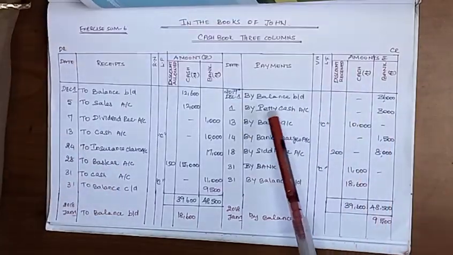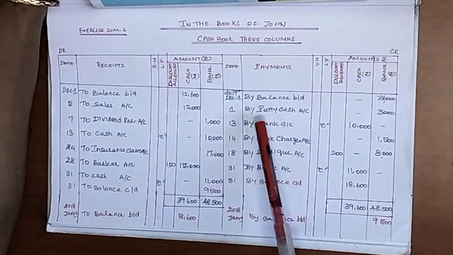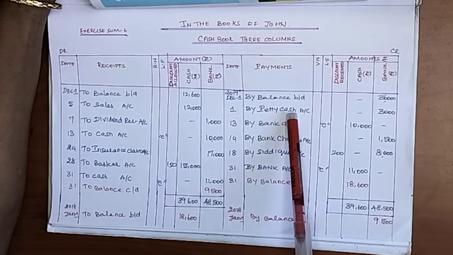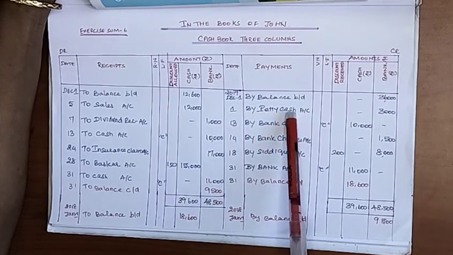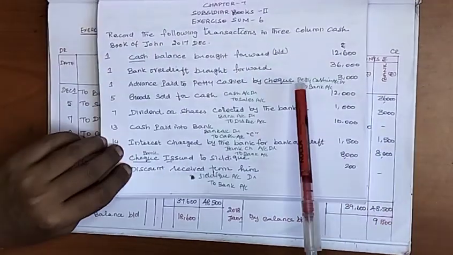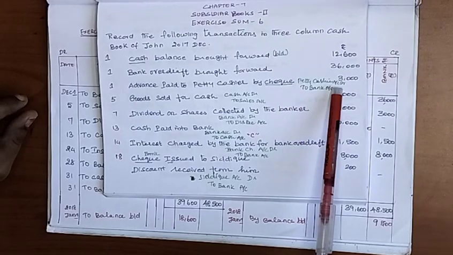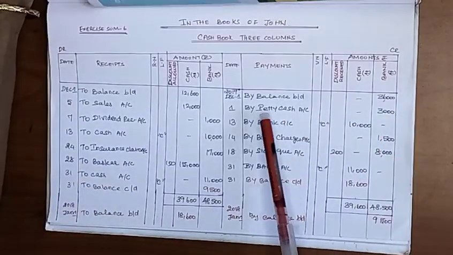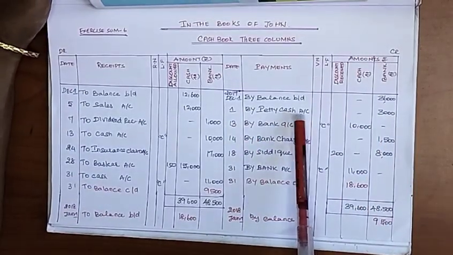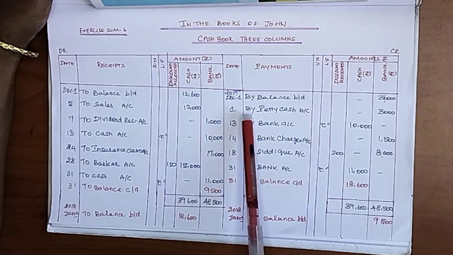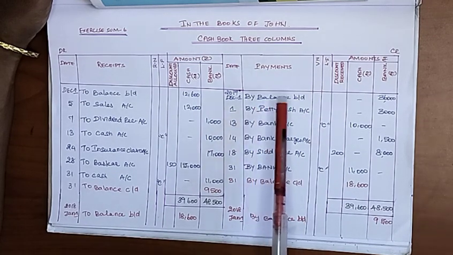So we go to the credit side. Credit side means payment side, because you paid cash through bank to the petty cashier. What is the opposite account from the bank account? Petty cashier account. So you write December 1, by petty cashier account. By means you always start with the word by on the credit side.